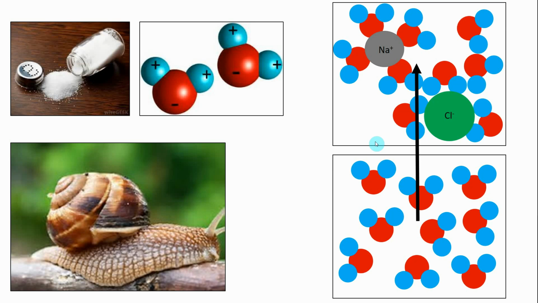So all of a sudden you can see now the salinity creates the Na and the Cl creates these gaps over here. So we've got a low concentration, we've got a high concentration. So the water will flow out of the snail to fill these gaps, because the salinity makes it more negative. Now it is a lot more complicated than that, and we are going to get into it, but that is just the basics of it so far.